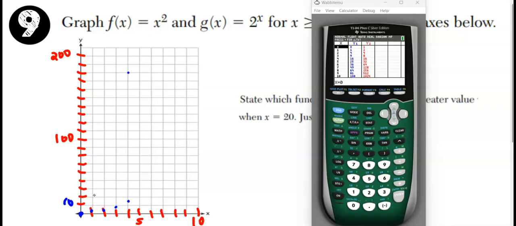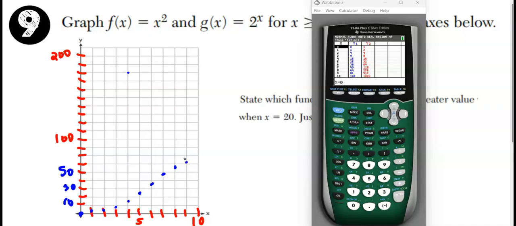5, 25. Halfway to 30, right? This is 30. And then 36. Then 49, 30, 40, 50. So it'll be right before 50. And then 64. And 81.